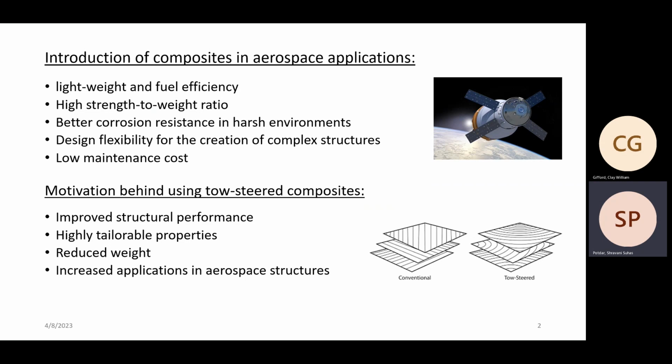Also, we have newly emerging tow-steered composites, which are different from the traditional composites, which have curved fiber paths. They show improved structural performance. They have highly tailorable structural properties and also show reduced weight. In recent years, they have shown increased applications in aerospace structures.